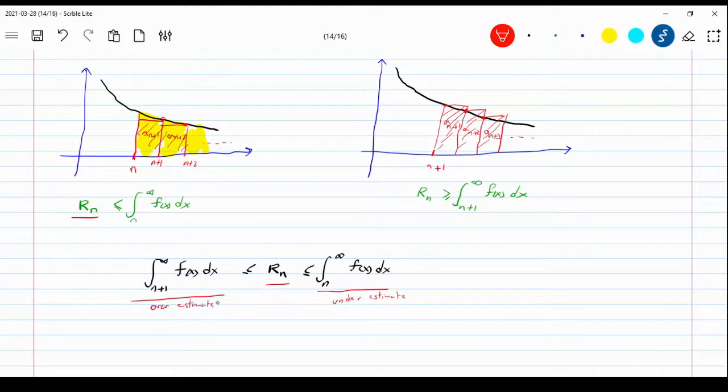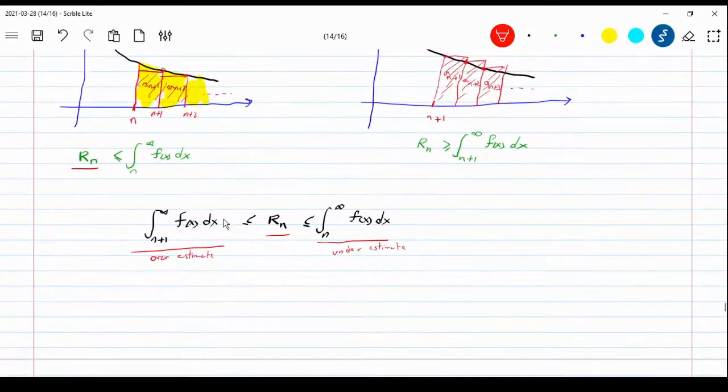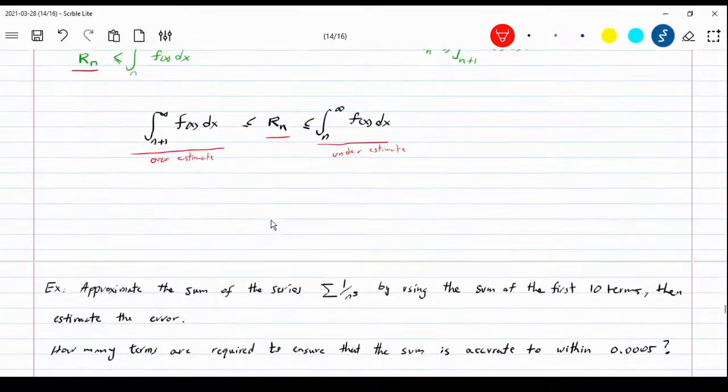So the difference basically would be, this term would be less than the other. Okay. It's not necessary to figure out exactly what these intervals are, but it's a good idea that tells us how far we are from the remainder.